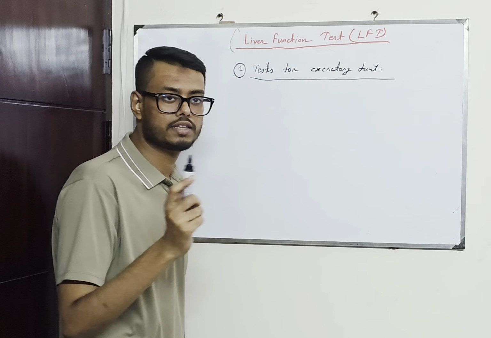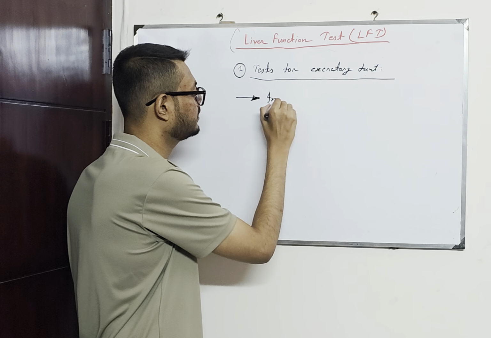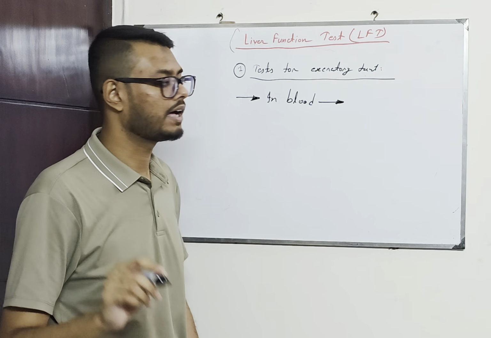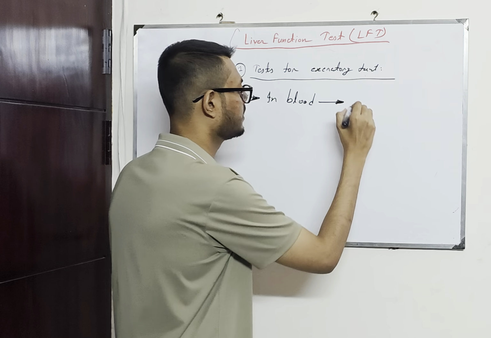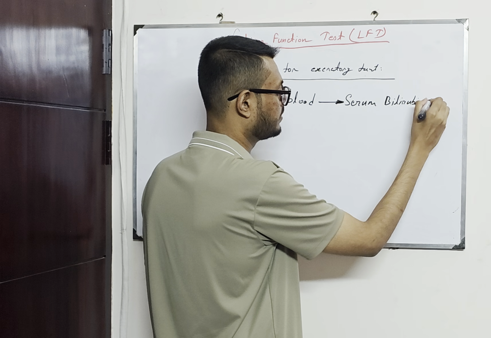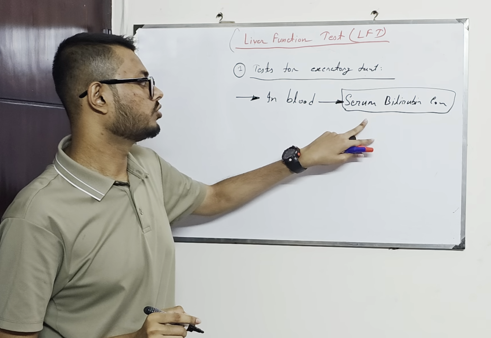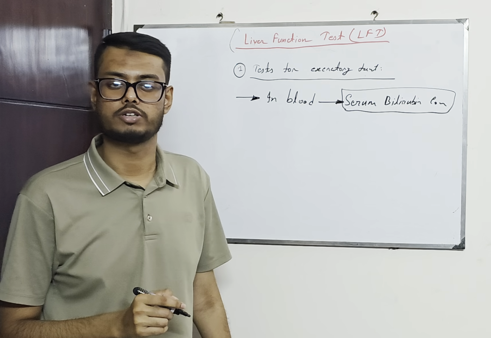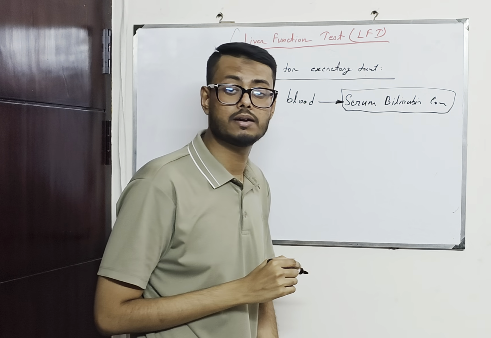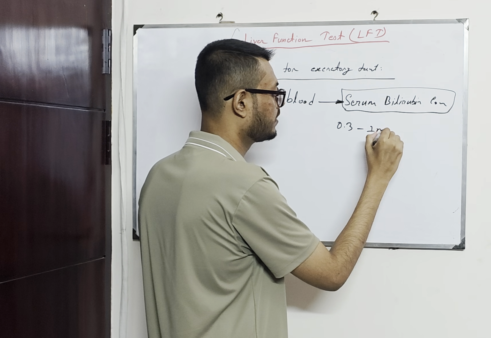So to check the excretory function in the blood, we are going to assess the serum bilirubin concentration. Now the most important thing is the normal value of the serum bilirubin concentration. In milligram per deciliter, it is 0.3 to 1 milligram per deciliter.